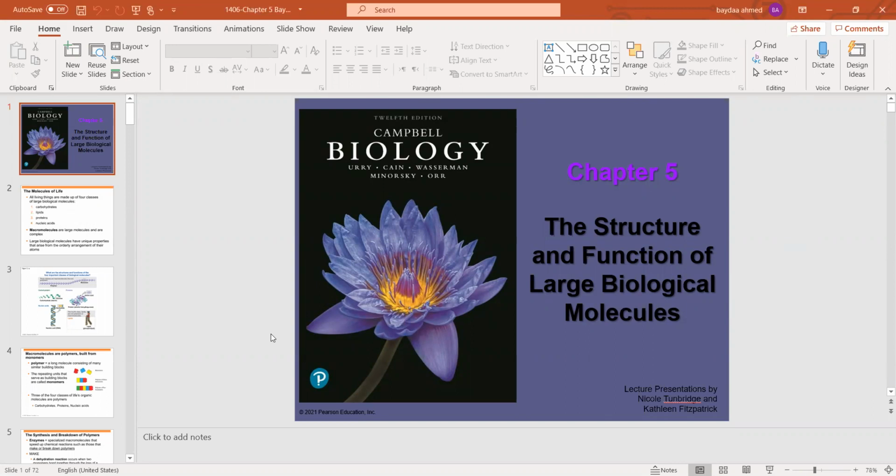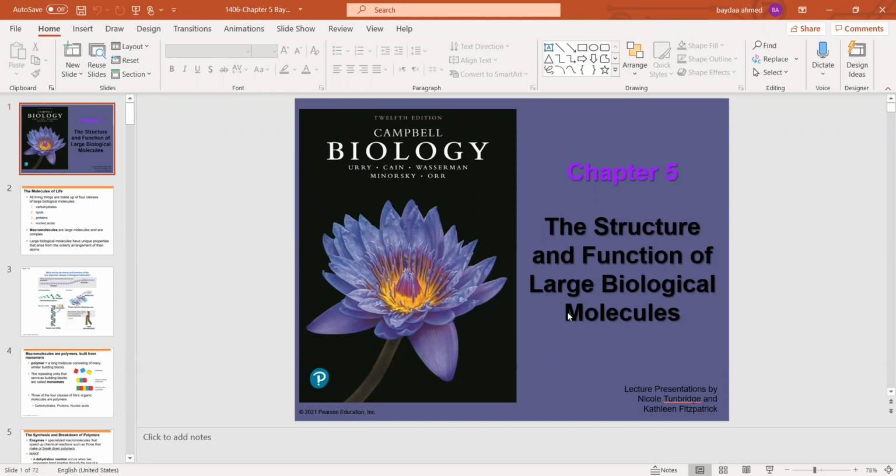So, we are going to be talking about biomolecules, otherwise known as macromolecules. These are the things that make up living things. The crux of macromolecules comes down to carbon atoms.